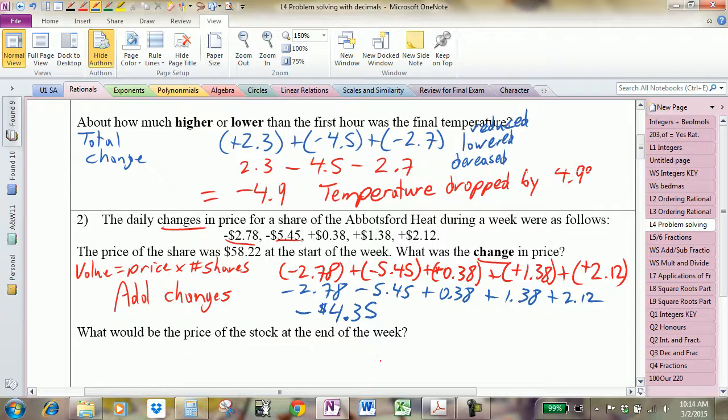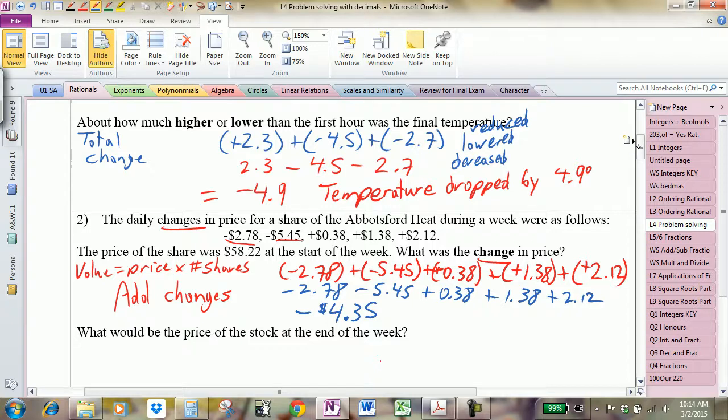Owen. Price reduced. Yeah. Price dropped. Price lowered. What else could you say? He lost. Right. The person lost $4.35 for each share.